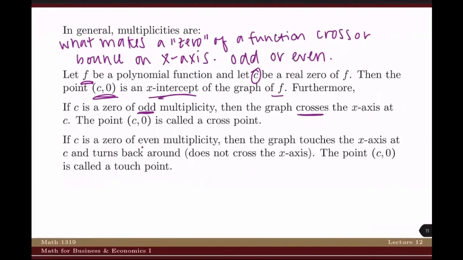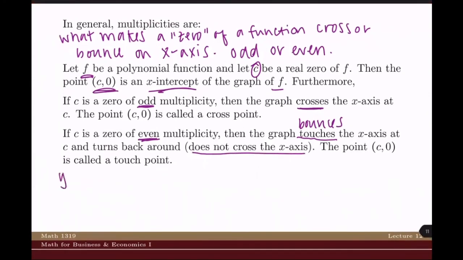If it has even multiplicity, then the graph, this book likes to use the word touches. I actually like to use bounces, but it is the same thing. The x-axis and turns back around. It does not cross the x-axis. An example of that would be y equals x squared. The only solution for this would be x equals 0, and it would have multiplicity of 2 because it comes from x squared.